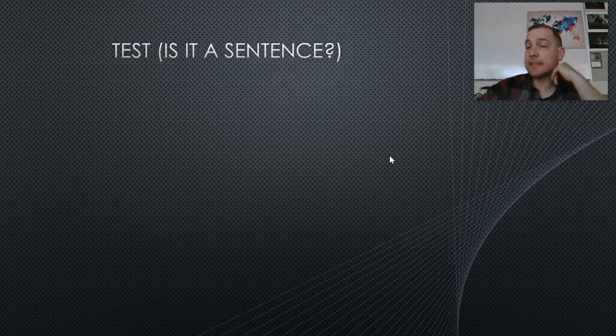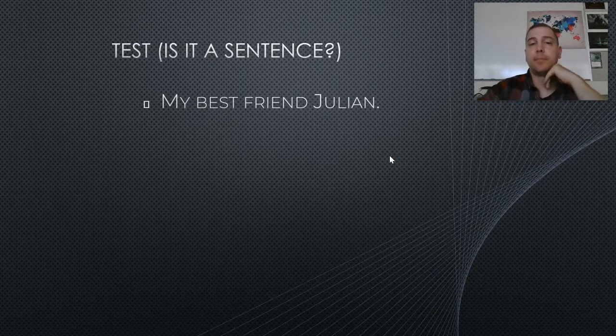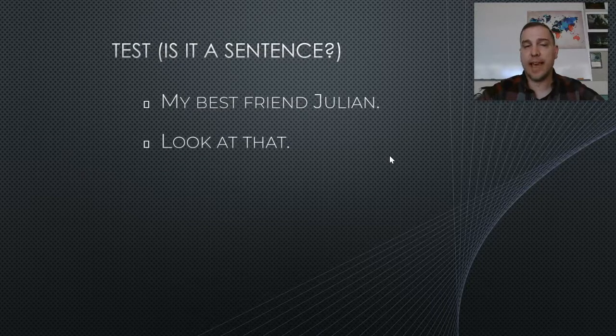And so let's see, is it a sentence? My best friend, Julian. Does this have a subject? Yeah, my best friend, Julian. Does it have a predicate? No, it does not. So this is not a complete sentence. Look at that. Does it have a subject? No. Does it have a predicate? Yes. Look is the verb.